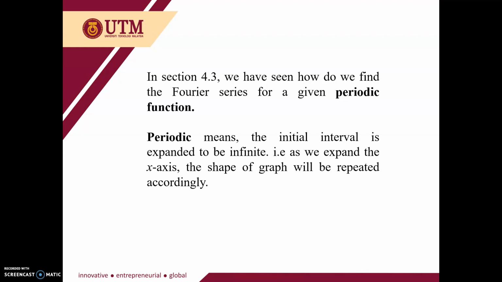You sketch your initial graph and then you expand your x-axis, meaning that the shape of the graph will be repeated accordingly, up to positive infinity on the right, and up to negative infinity to the left. So that's what we call the infinite.